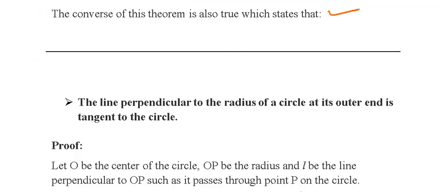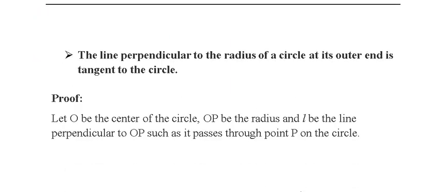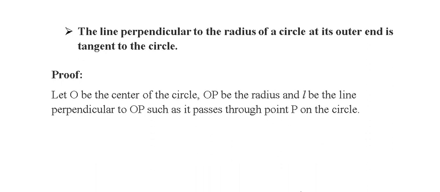The converse of this theorem is also true, which states that the line perpendicular to the radius of a circle at its outer end is tangent to the circle. The above theorem is the converse of the previous theorem. Now proof. O is the center of the circle.